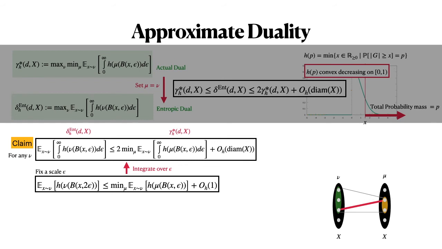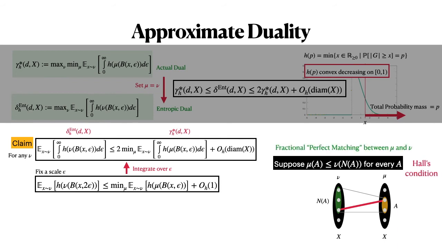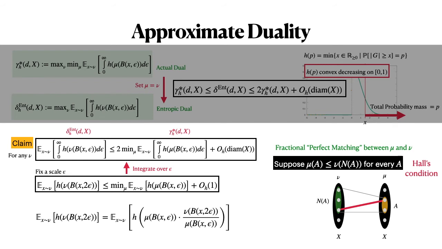So in particular, let us consider a very special case. Suppose it happens that for every subset A on the right, its mu measure is always smaller than the nu measure of its neighborhood. And this is exactly Hall's condition, and this is saying that there is a fractional perfect matching between mu and nu. So essentially we can match all the probability mass of mu and nu. And in this case the proof should be very simple.